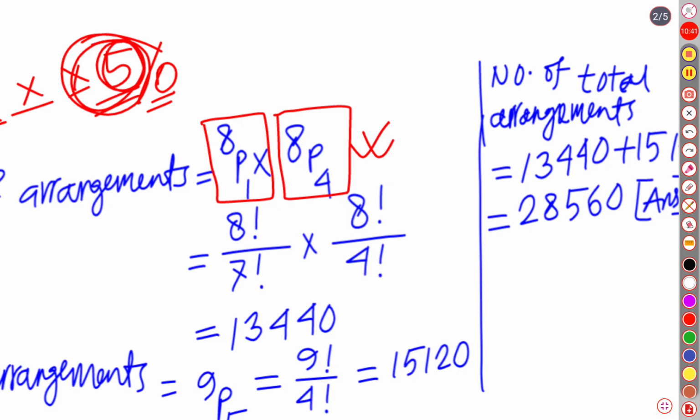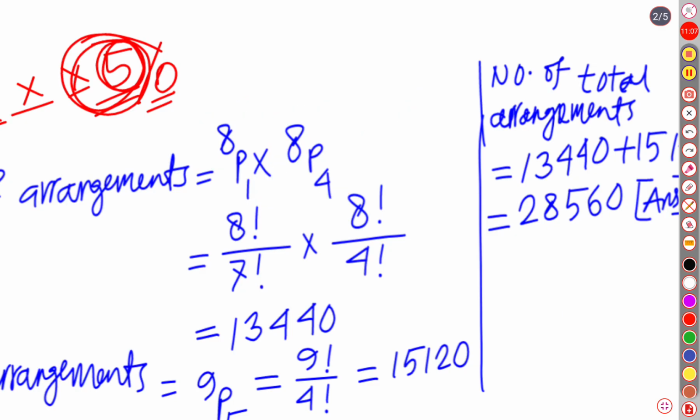Now the one's place is already fixed as 5, so you cannot make any change. As this is already fixed, we don't need to arrange it. So we will arrange one digit out of 8 for the first place, and as the first place has gone away, there are remaining 8 digits. Out of 8 we are choosing 4, we are arranging 4.